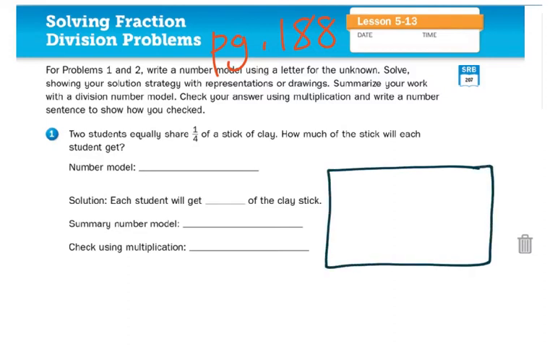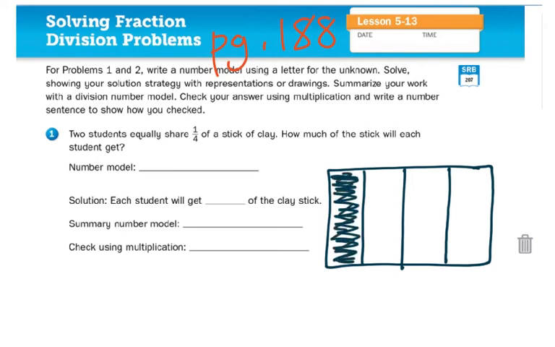We know that they only have 1/4 of that stick of clay, so let's shade in only 1/4 of it. Now, 2 students are sharing it, so we have to divide that in half. So this is student 1 and this is student 2.